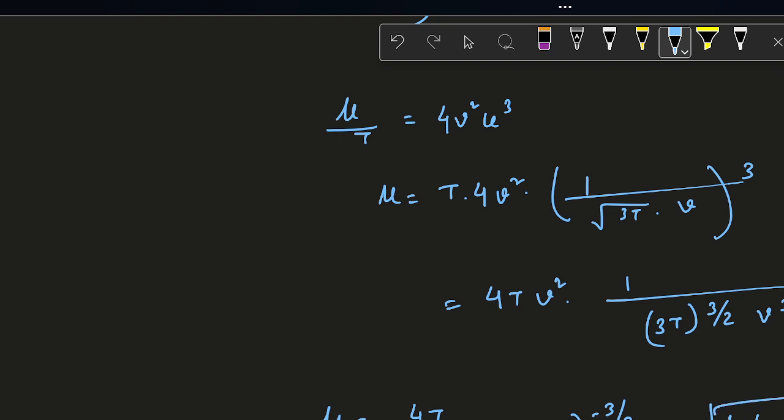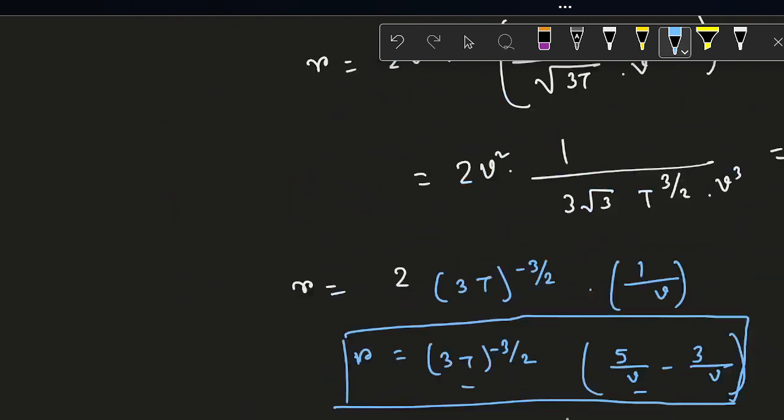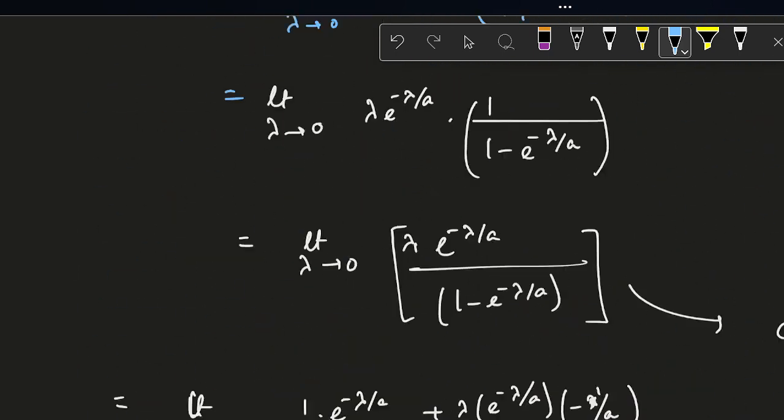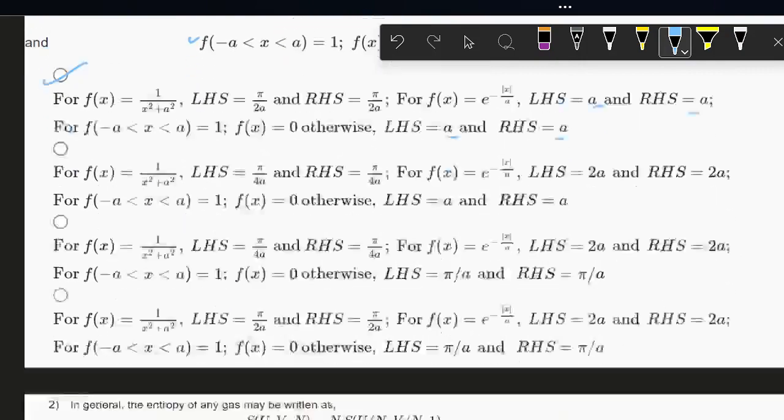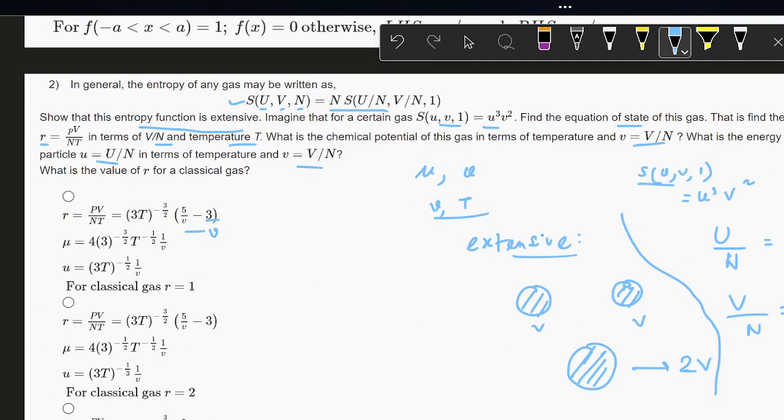So let us see with which it matches. Yeah, so I think this is the answer that we have gotten. So the mu value exactly matches with what we have obtained, right? And again, it is also given that small u has to be presented in terms of small v and t.